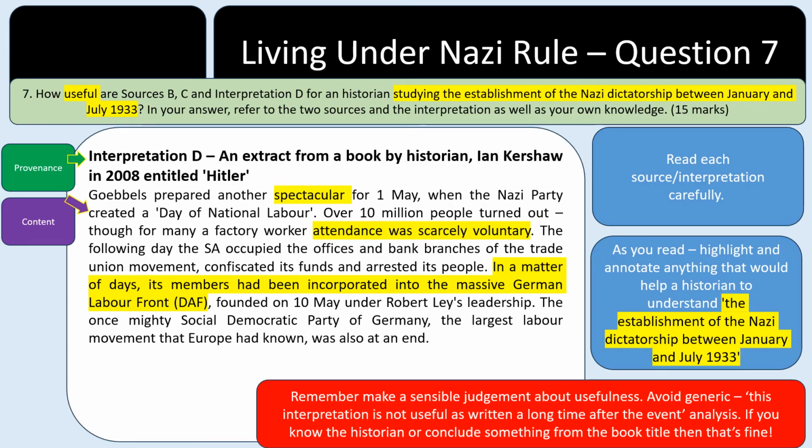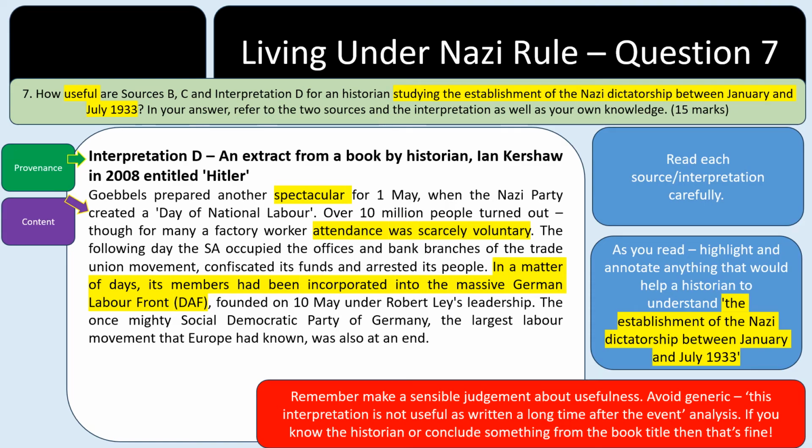As you read, you're going to highlight anything that would be helpful. One of the things to think about when you've got an interpretation is to always make a sensible judgment about usefulness. So avoid the generic "this interpretation is not useful as it was written a long time after the event" analysis. That won't get you any marks. If you know the historian or can conclude something from the book title, then that's fine.